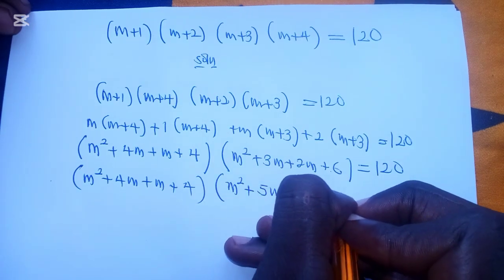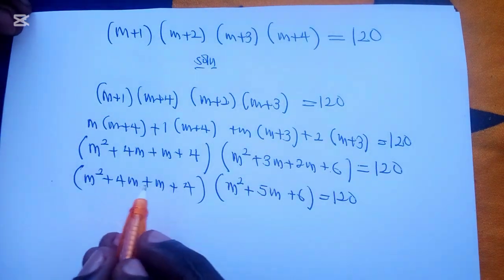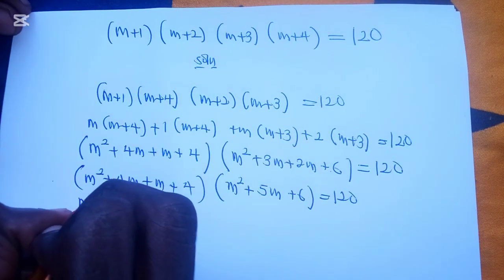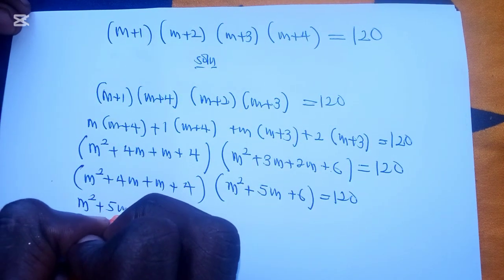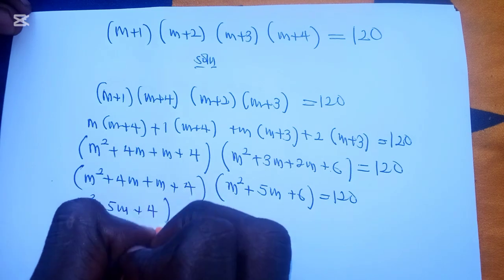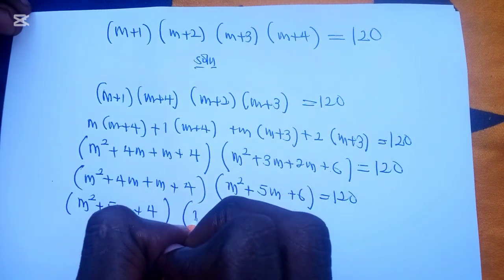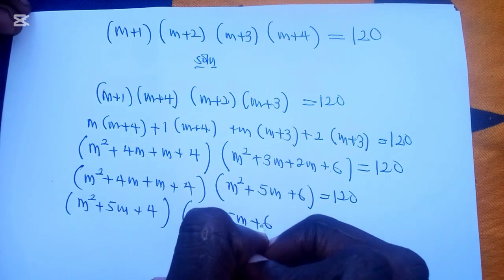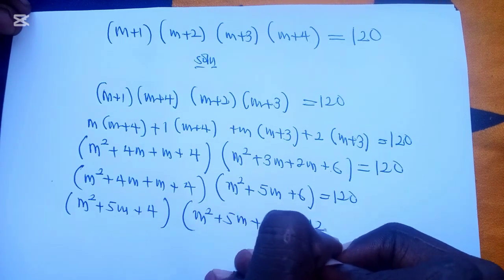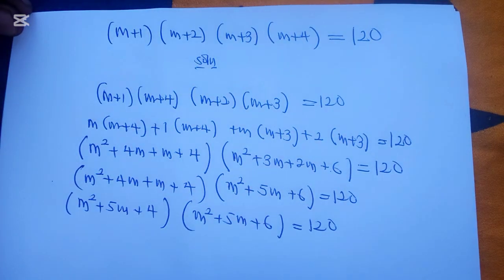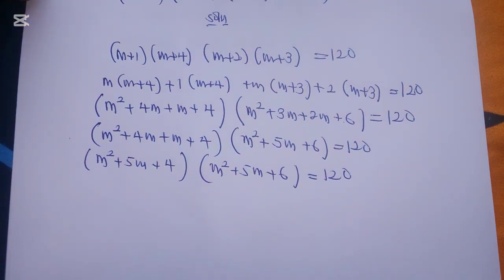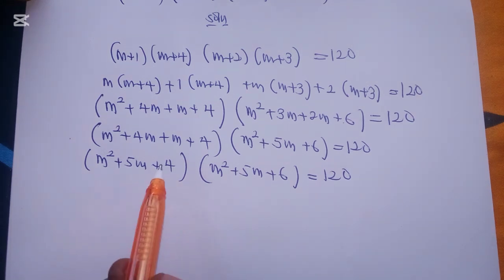Then everything becomes 120. Adding here, we have m square plus 5m plus 4, then m square plus 5m plus 6, and everything becomes 120. But remember, we have to find the possible values of m. Looking at these two brackets, they are almost the same.